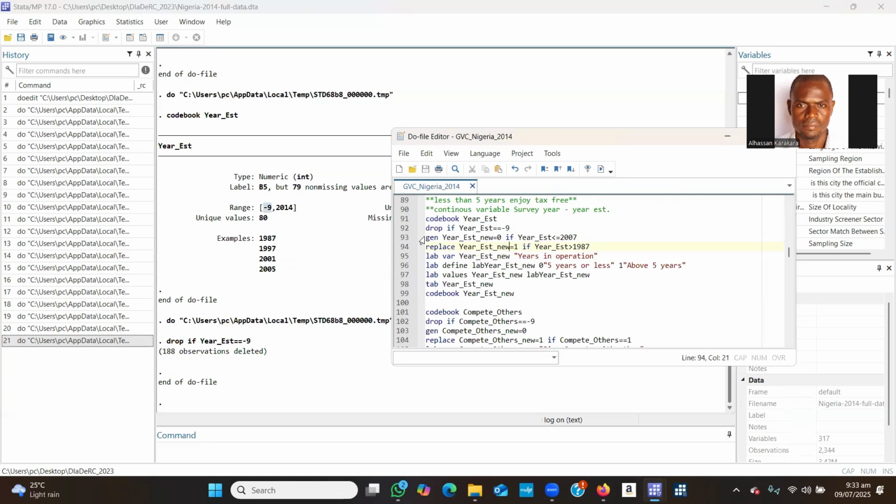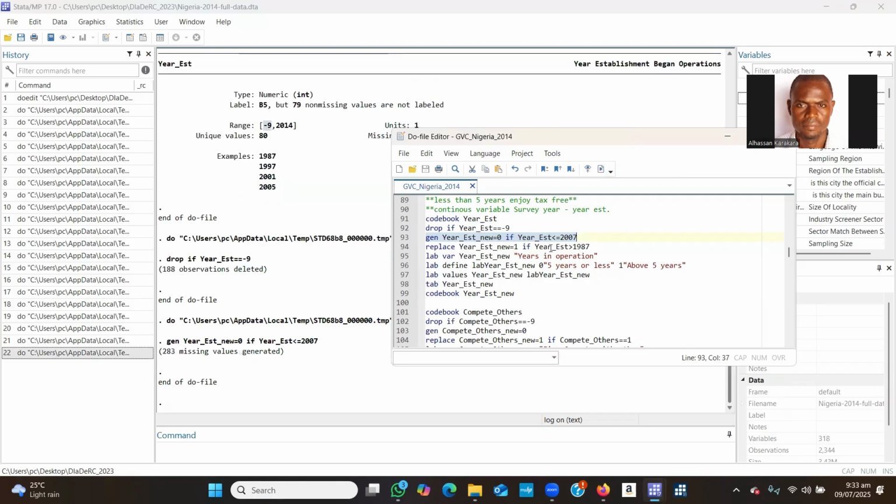So I will say generate year_0 if year established is less than or equal to 2007. I took 2007 as the base. Then you replace year_new equals 1 if year established is greater than 1987.